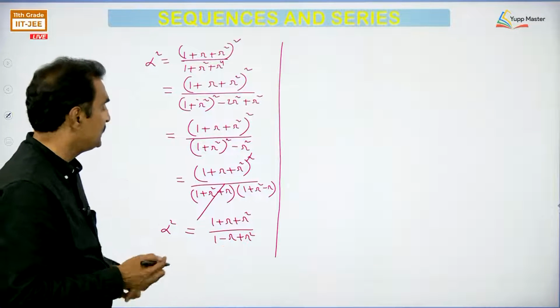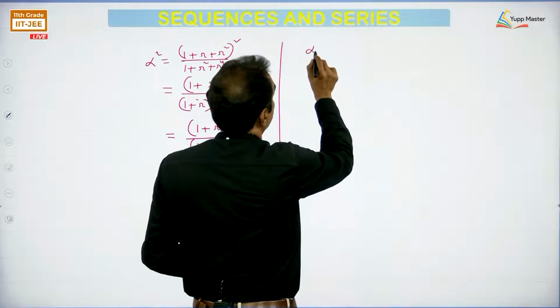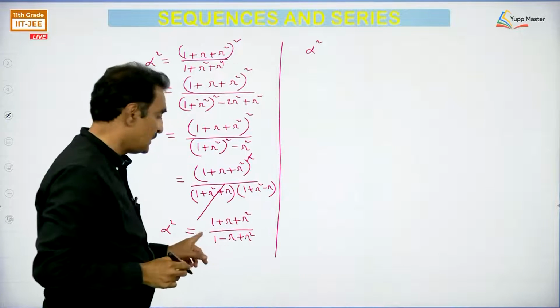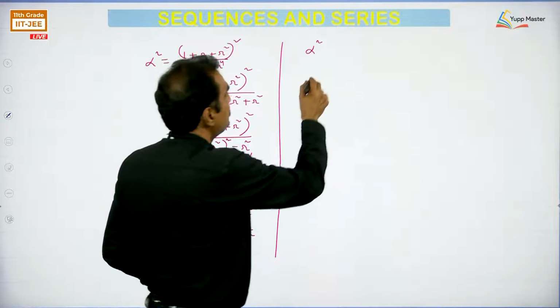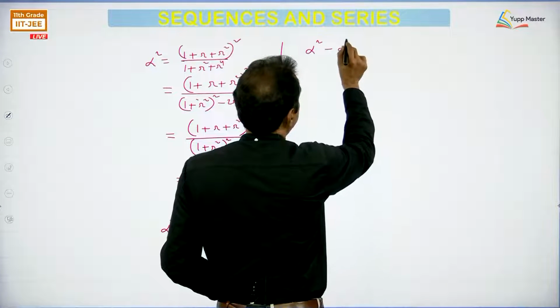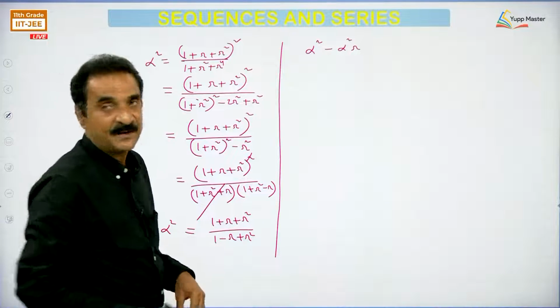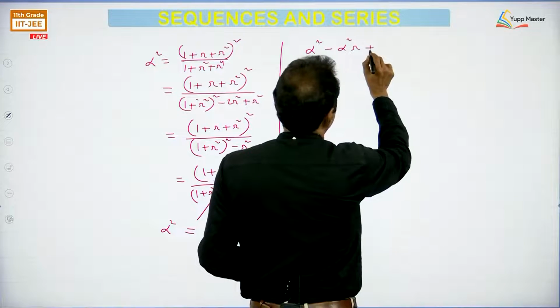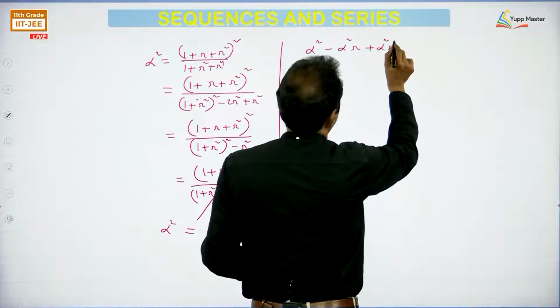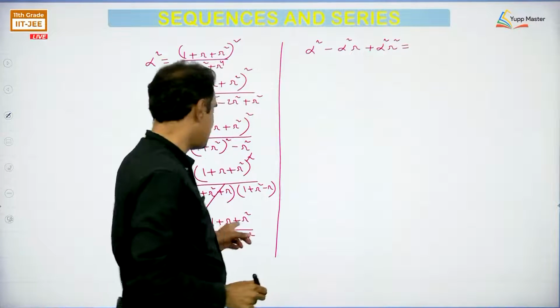Cross multiplying, we get alpha square into 1 minus r plus r square is equal to 1 plus r square.